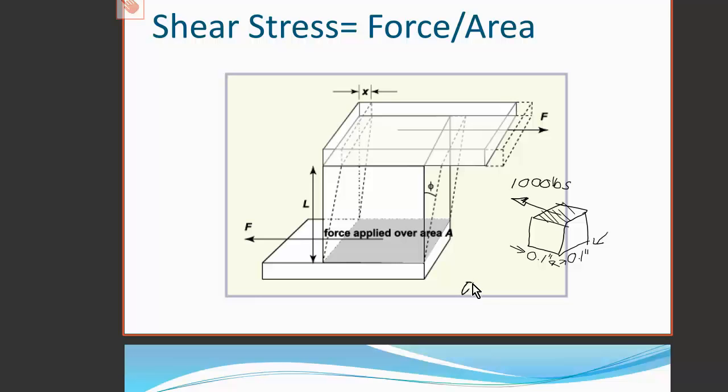The shear stress in this case will equal the force, 1000, divided by the cross-section area, which is 0.1 squared, which should equal 10,000 psi. No, sorry, 100,000, of course. Or in other words, 100 ksi of shear stress.